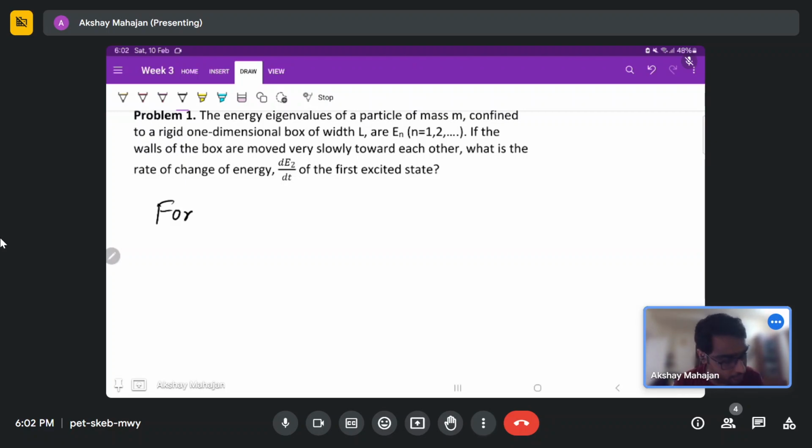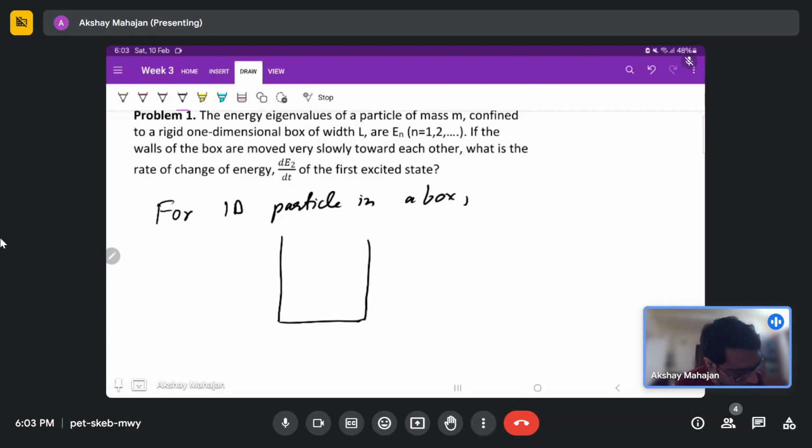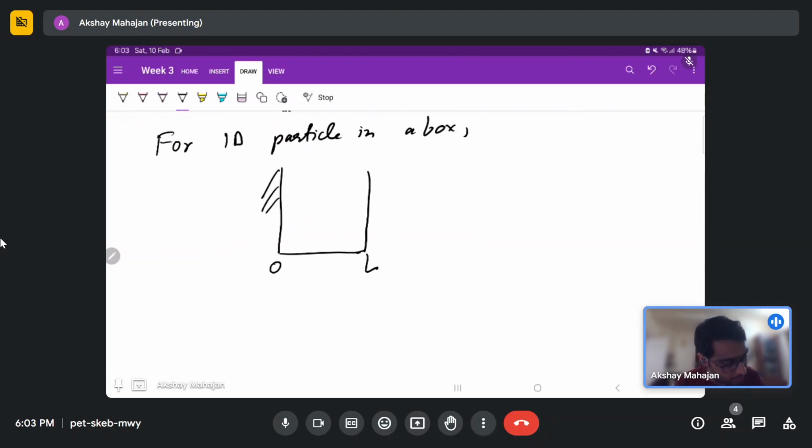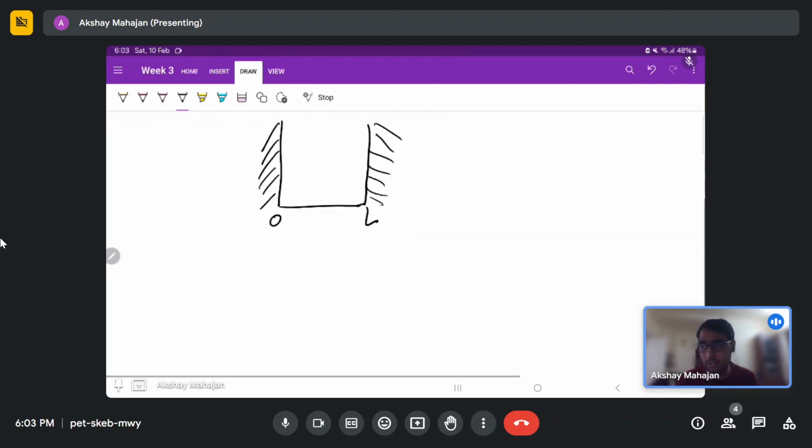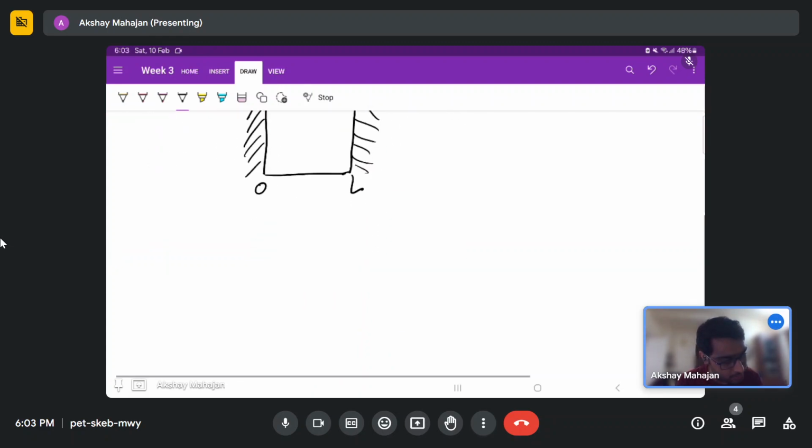Now let me draw the schematic as well. This is our 1D particle in a box. The particle remains enclosed from 0 to L. The particle can only move from 0 to L. So we know that for a particle in a box we have H psi equals E psi.